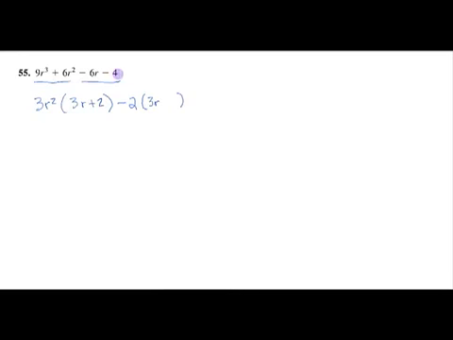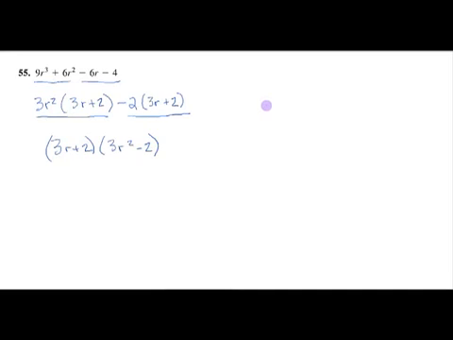I have a negative 4 divided by negative 2 is a positive 2. Now I have this term, and I see that I have that greatest common factor of 3r plus 2. And that leaves me with a 3r squared minus 2.